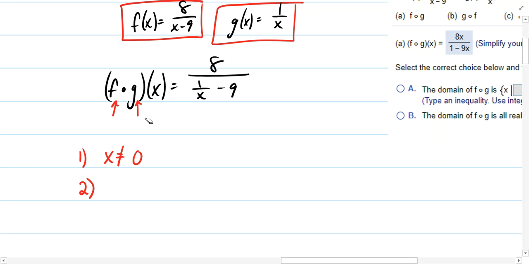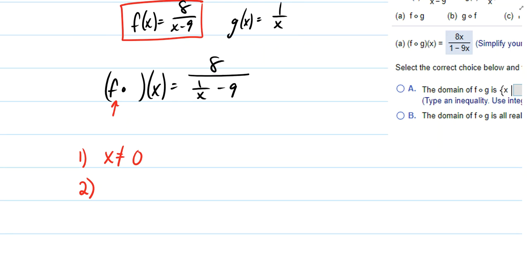The outer function in this case is f. So we're going to focus on the domain of the outer function. What's the restriction here? Well, again, we don't want the denominator to equal 0, and the number that makes that happen is 9. So on our outer function, our restriction is 9.